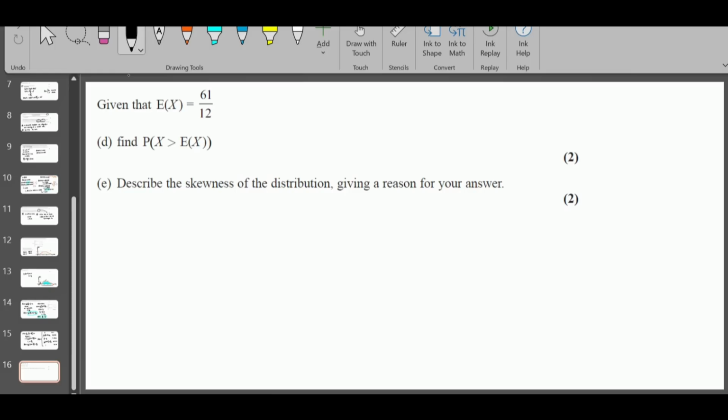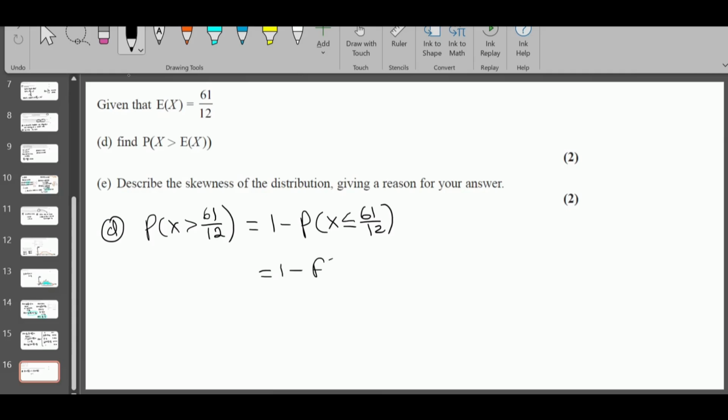Part D. Given that E of x is 61 over 12, find P of X greater than E of x. Greater than 61 over 12. We can write it as 1 minus P of X less than or equal to 61 over 12. That's basically cumulative, right? F of 61 over 12.